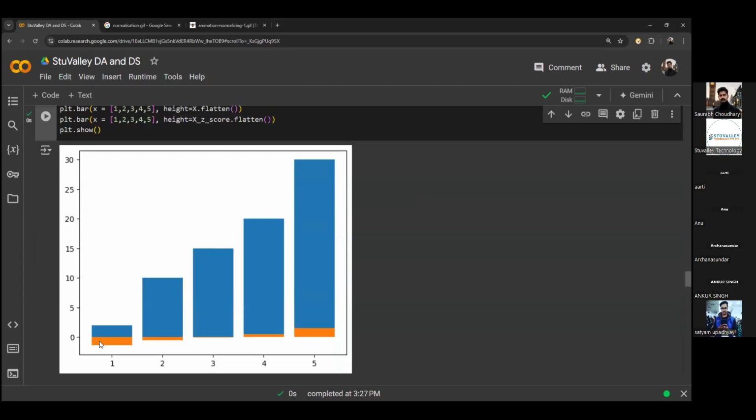Wow. See, the mean was there. That's why if it thinks it is a little below the mean, it is going to the bottom of it. Everything is with the mean as the reference, right? You can see how much the scaling has now dropped a lot.